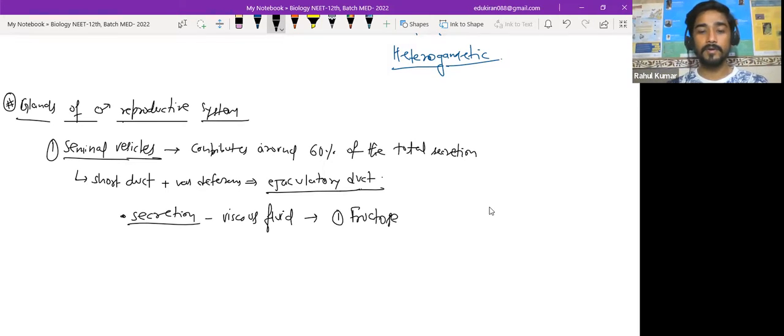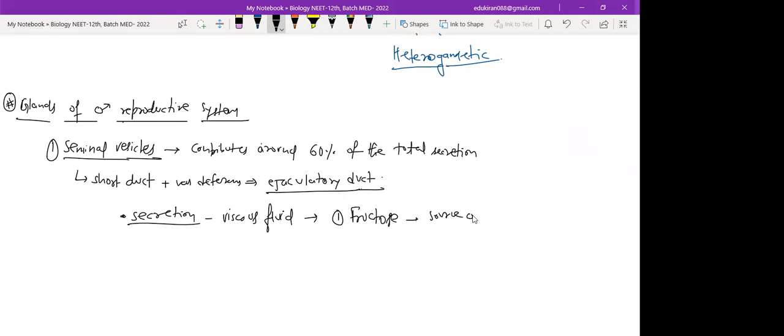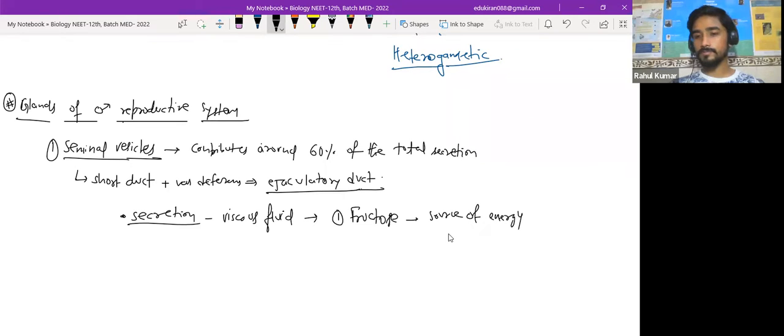That's very, very important. But the interesting thing about sperms is they do not utilize glucose. They utilize fructose instead. So write down: fructose is the main source of energy for sperms. They break down fructose. Any question?